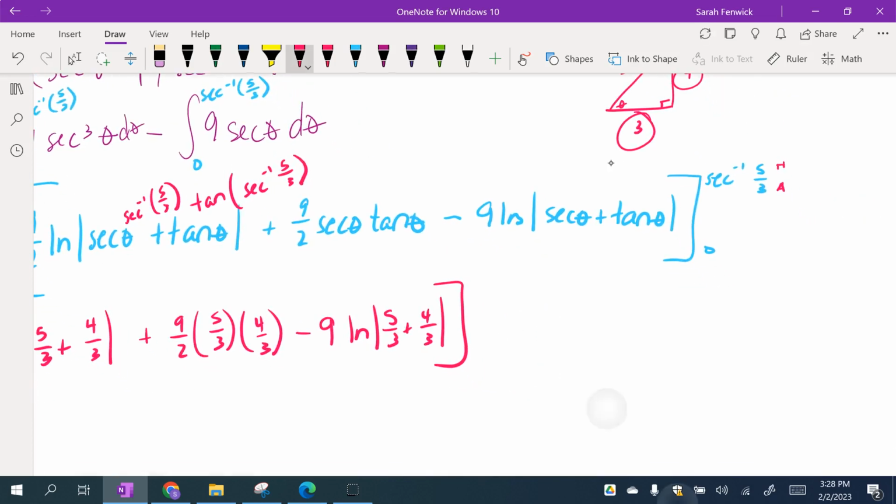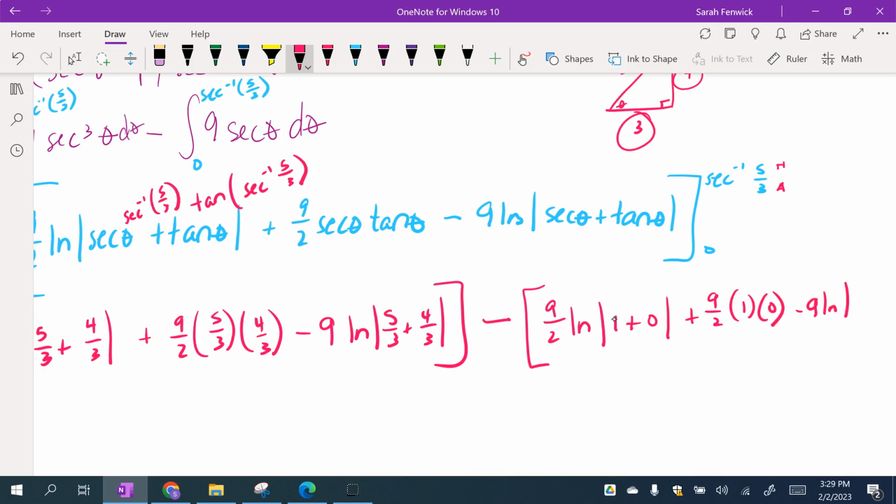Now, if I put in 0 everywhere, 9/2 ln absolute value, the secant of 0 is 1. Tan of 0 is 0, plus 9 over 2 times 1 times 0 minus 9 ln of 1 plus 0.